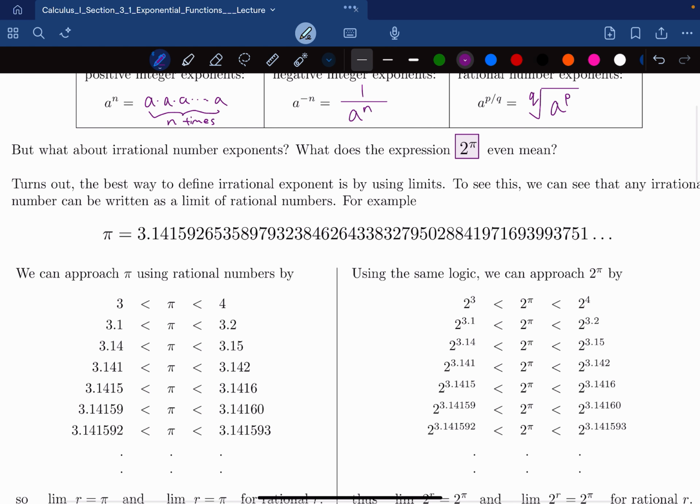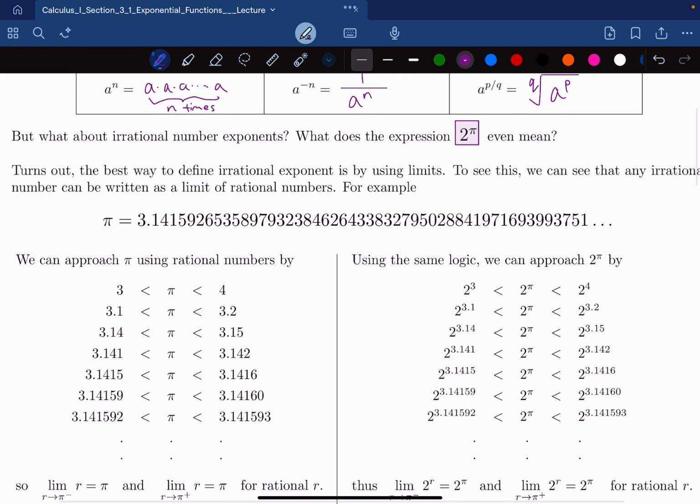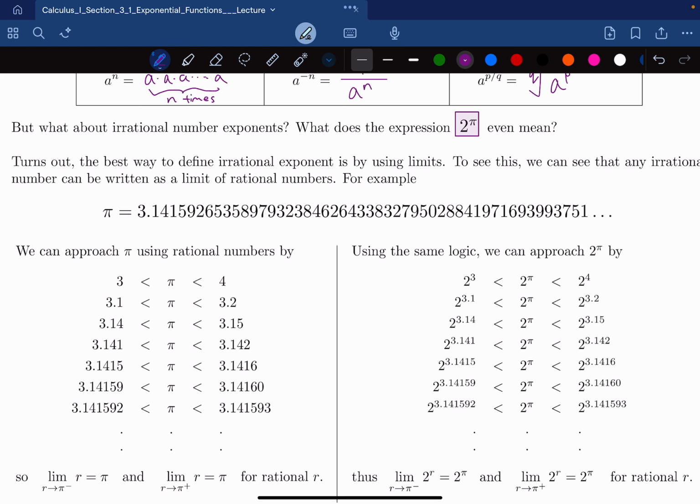So here we know that pi is equal to 3.141592 and so on. I'm sure this is the number of digits that everybody remembers. What we can do here is approach pi by using a bunch of terms that use a finite number of decimals of pi. So for example, we know that pi obviously is between 3 and 4.